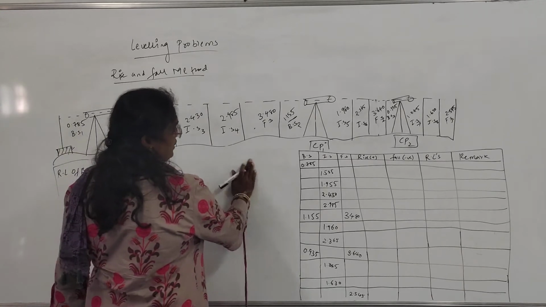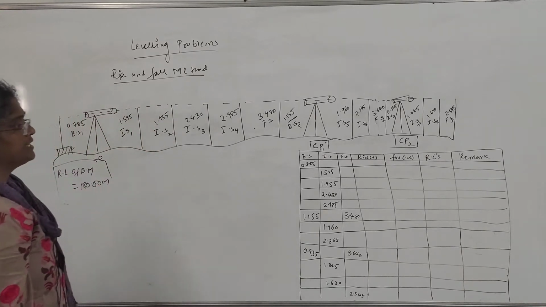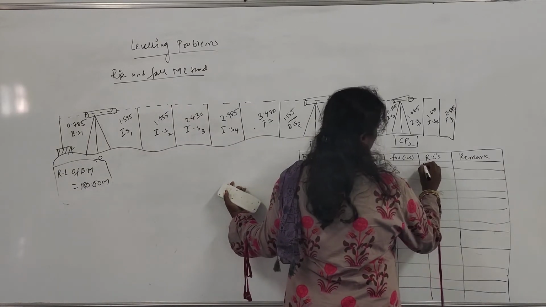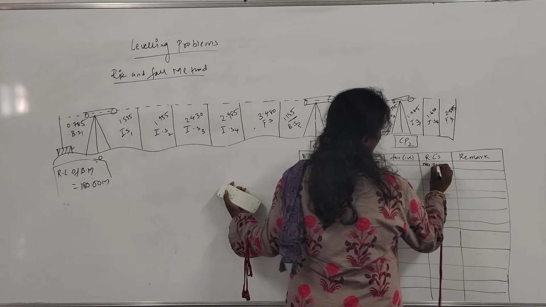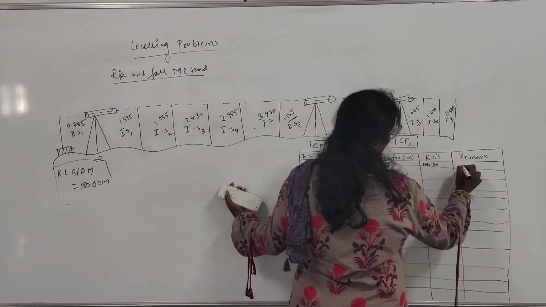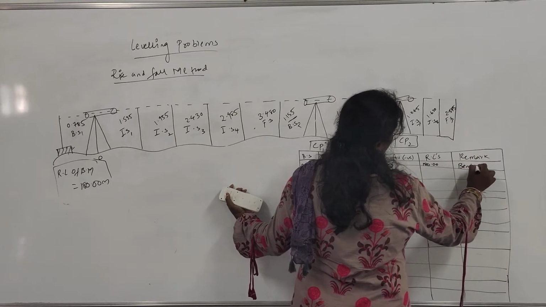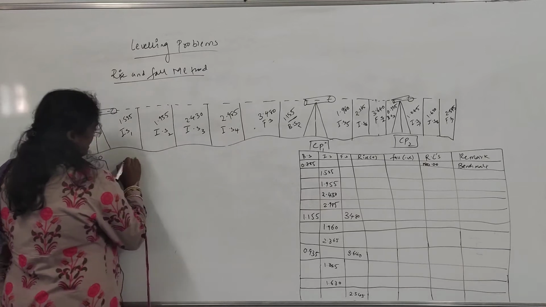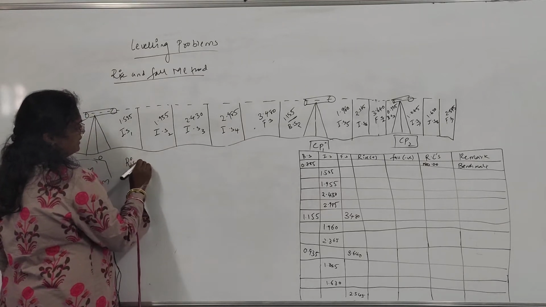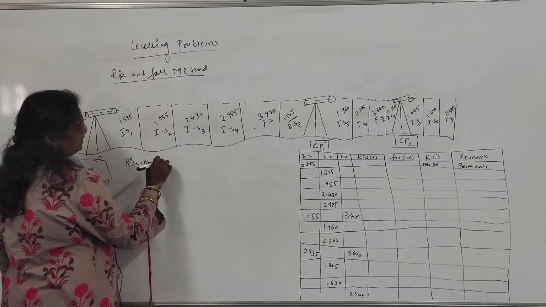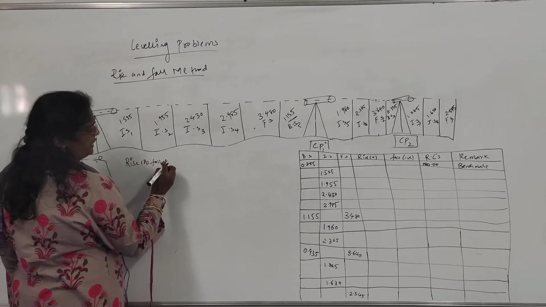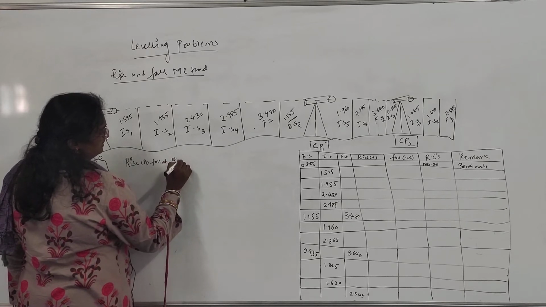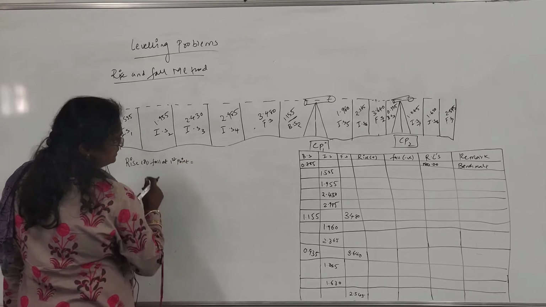Now we will find how to find the rise and how to find the fall by using the RL of the benchmark, that is 180.00 meters, that is the benchmark value, right? First we will be finding the rise or fall at the first point, right?